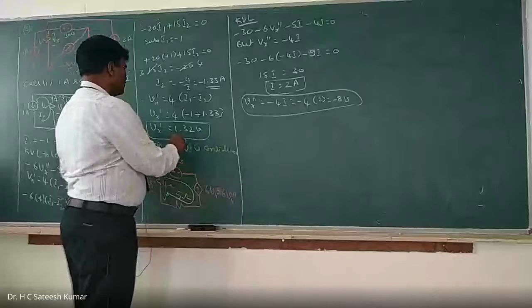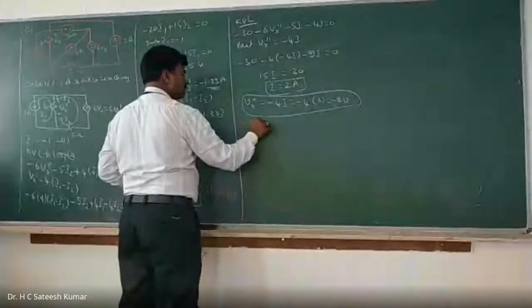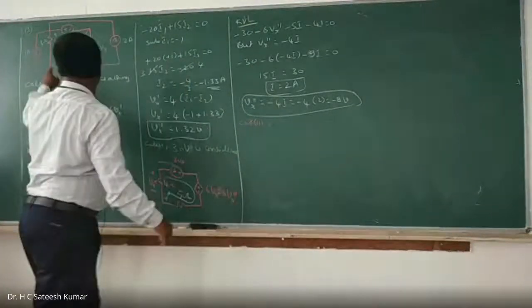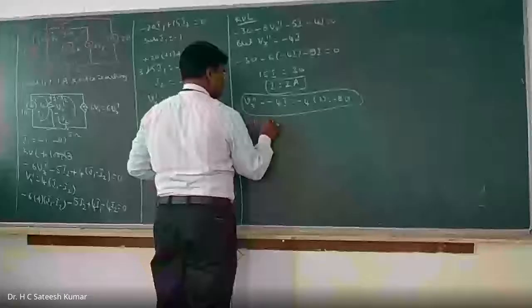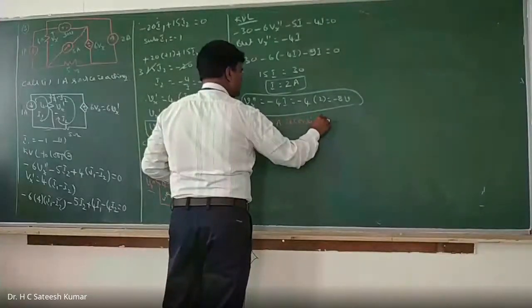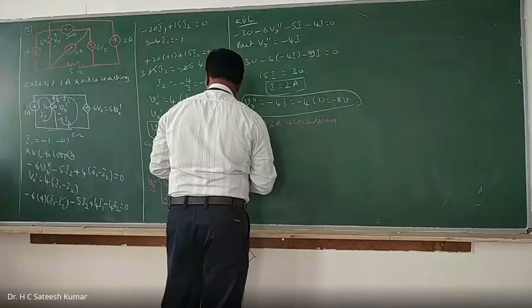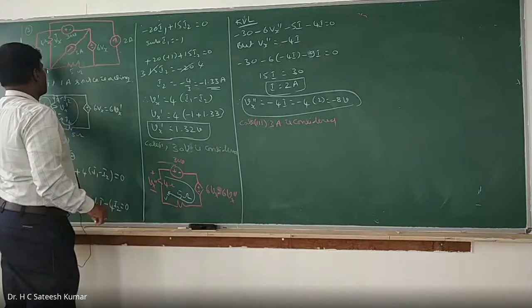Third case, case 3. This one we have taken, this one we have. Now we should take this one: the 3 amp source is acting. If the 3 amp source is considered, this is short circuited, this is open, this is open. Now what do we have?